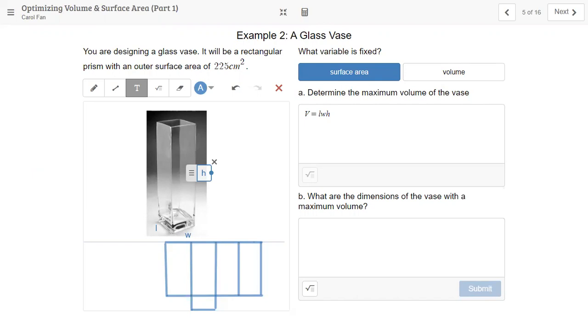And one thing I should have mentioned in the question is that this is going to be a square-based prism. All right, so sorry about that. I needed to put that in the question. So because this is a square-based vase, the length will equal the width.